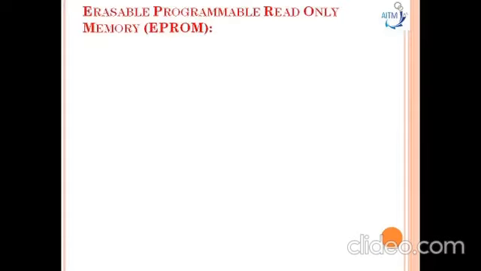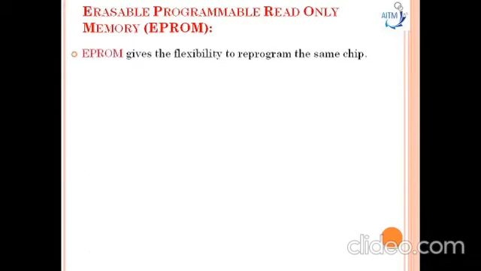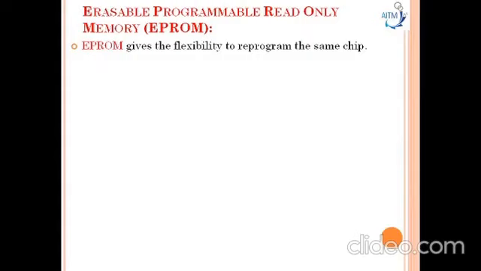Now coming to the third type of program storage memory, that is EPROM. This EPROM memory gives enough flexibility to reprogram the same chip. In the case of PROM, we have seen it is allowed to be modified by the programmer only one time.